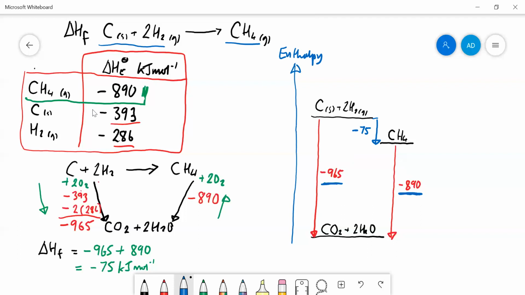So if you've got a problem like this in the exam, then I wouldn't bother doing it this new way. Definitely not. I'd do it the old way. But it's just to give you an idea that you can do it this way, because when we calculate lattice enthalpies in the next couple of videos, it's much easier if you use this new way.